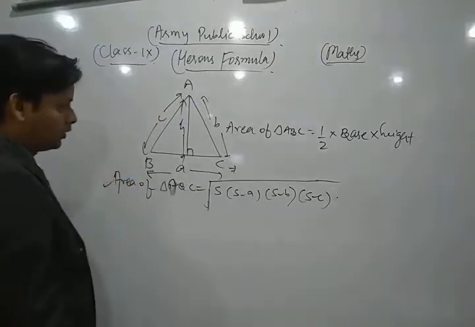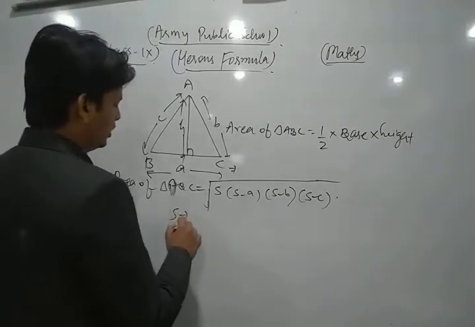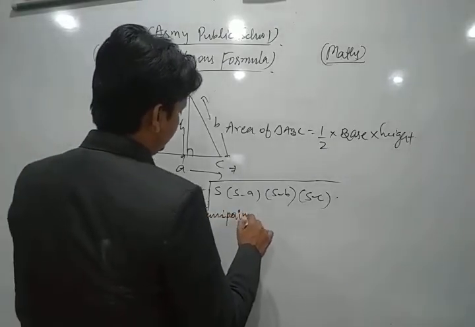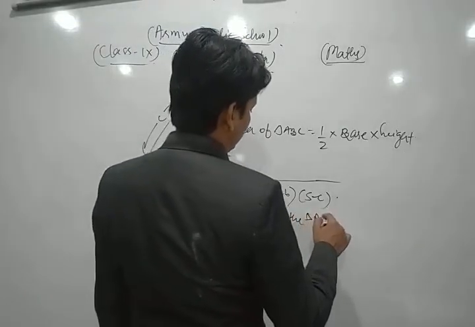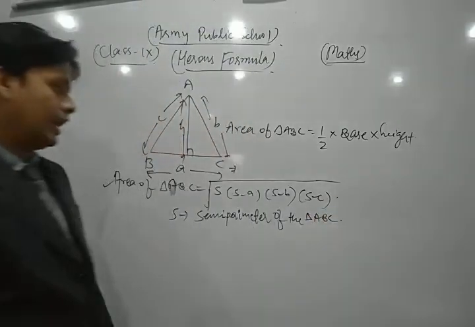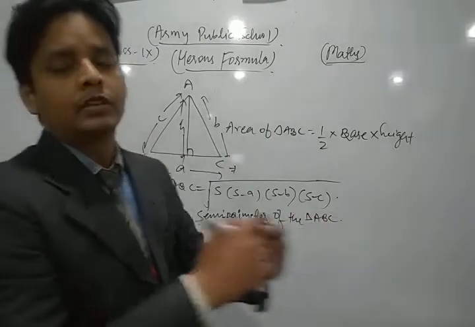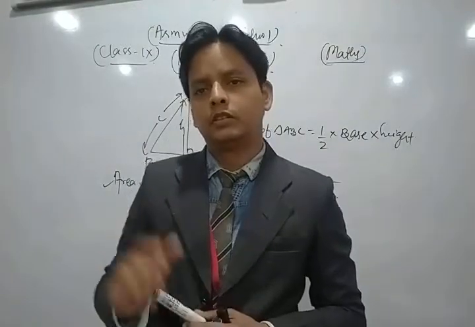This is a very important formula. Here S is known as the semi-perimeter of the triangle ABC, and A, B and C are the sides of the given triangle.